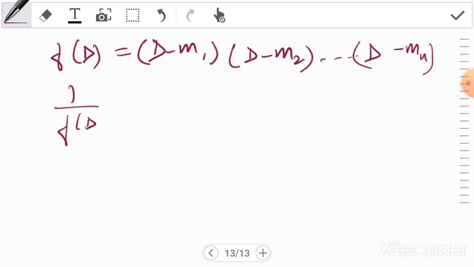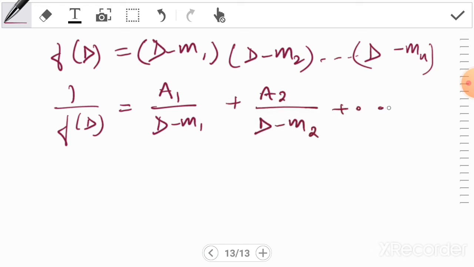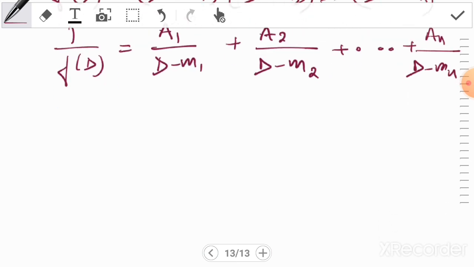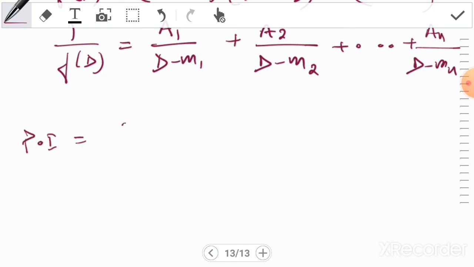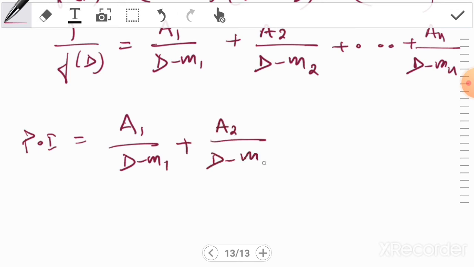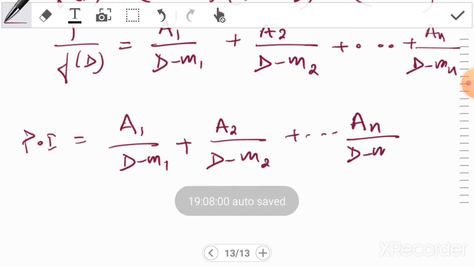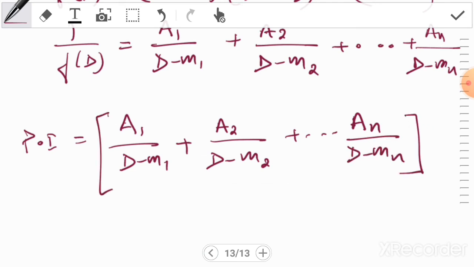So 1 by f of D is A1 by (D minus m1) plus A2 by (D minus m2) plus ... plus An by (D minus mn). Then the particular integral will be equal to A1 by (D minus m1), A2 by (D minus m2), and An by (D minus mn), operated on X, capital X, which is any function of x.